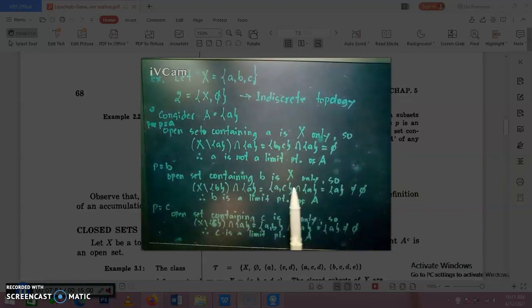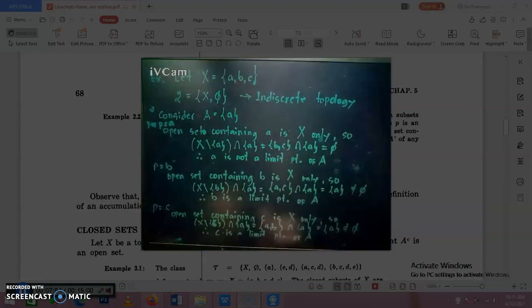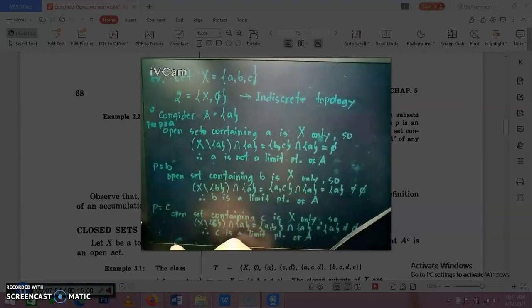Since X is the only open set containing B, and it satisfies the condition, B is a limit point of A. Then for C, the same process, and the condition is satisfied, so C is a limit point of A. Therefore, the derived set of A is equal to the set with elements B and C.